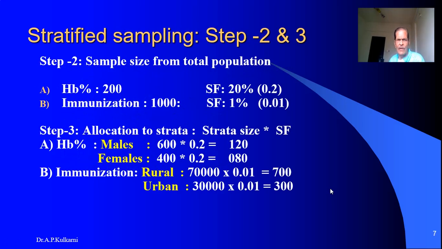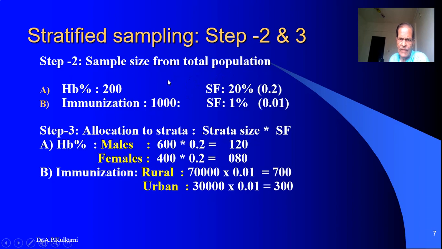The next step is we must calculate the sample size, and this particular problem is explained separately in the presentations on sample size calculation. So the statistician has told us that the sample size required for that example is 200. So what is the sampling fraction in that case?